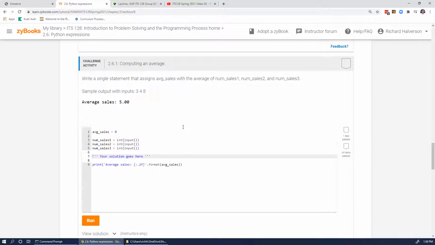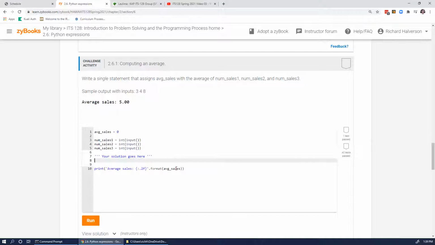Okay, so this is: write a single statement that computes the average. This reads in a number, reads in another number, reads in another number, and the result is going to be the average of these three.